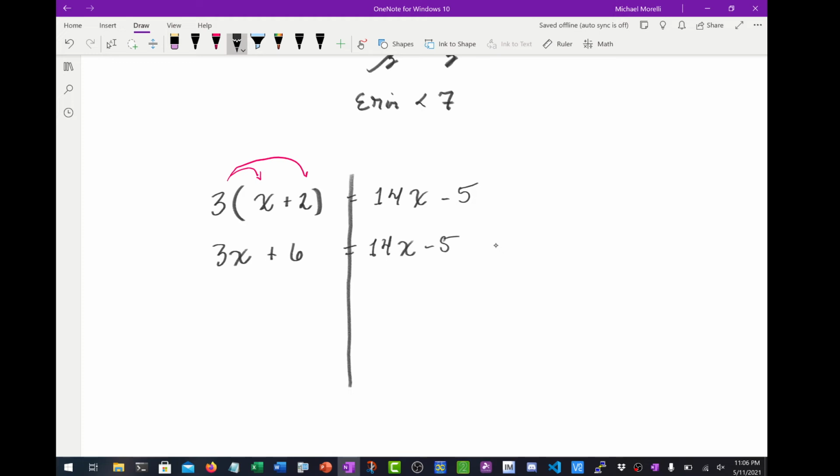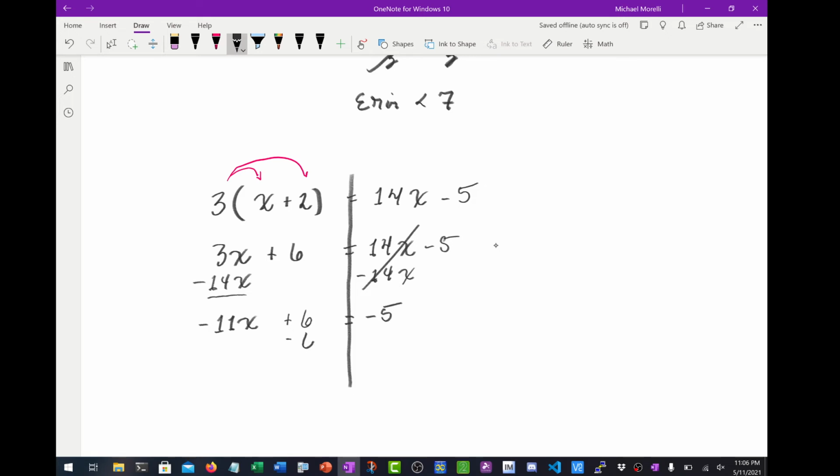Now I want to gather my x's together, so I'll subtract 14x from both sides. And 3 minus 14 is negative 11x plus 6 equals negative 5.